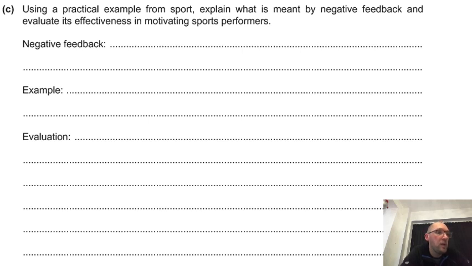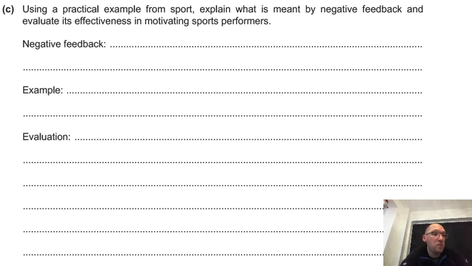An example: a coach telling a tennis player that the last serve showed poor technique, and other suitable examples. So your negative feedback is giving a piece of poor information or a piece of information which is unsuccessful or which is weak. Then your example is a sporting example saying that something went bad.